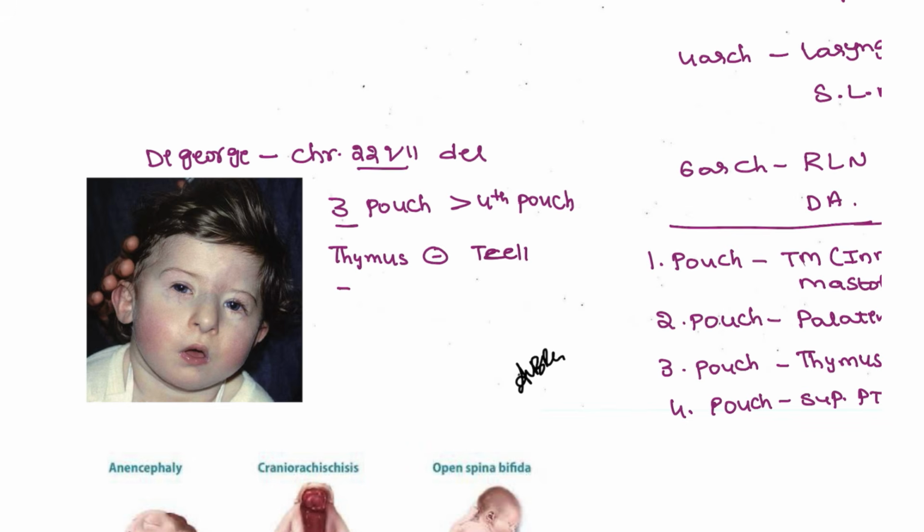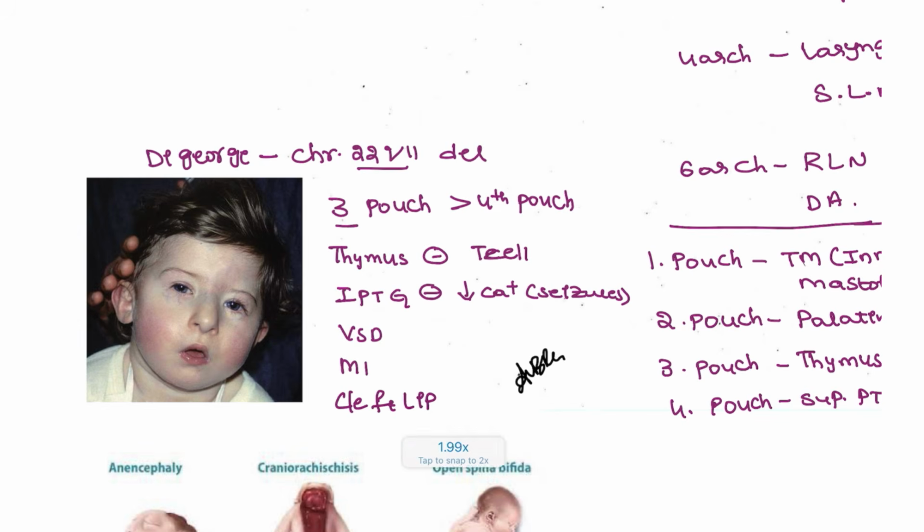The inferior parathyroid glands are also defective, so there will be decreased calcium and the patient will have seizures. Other defects like VSD will be present, mental retardation, and cleft lip is also seen. This is the condition associated in this patient.